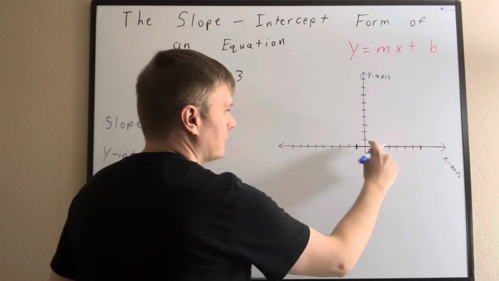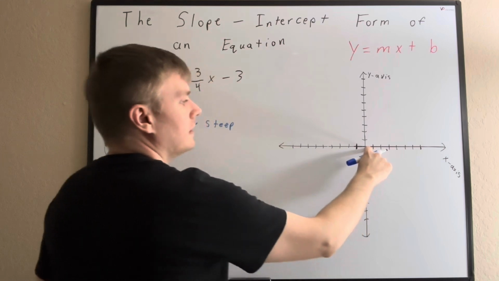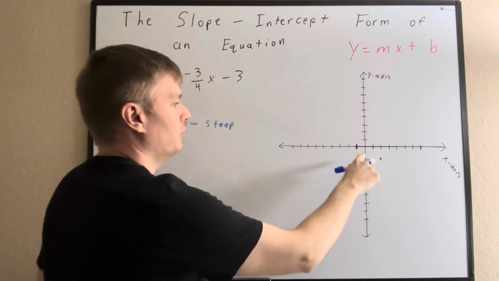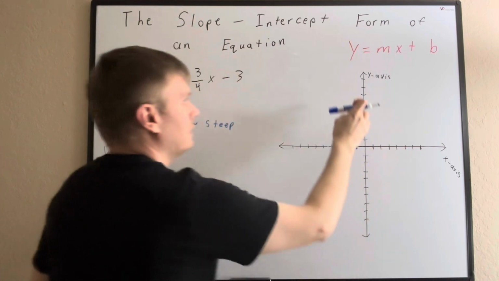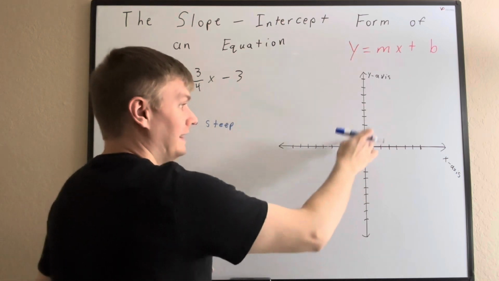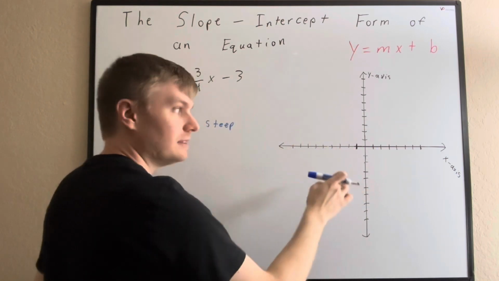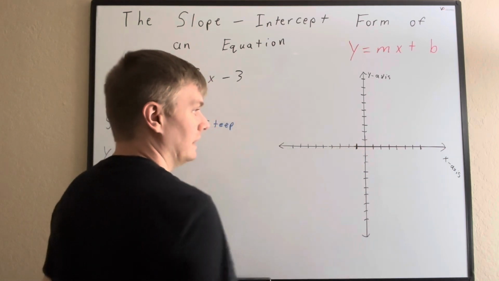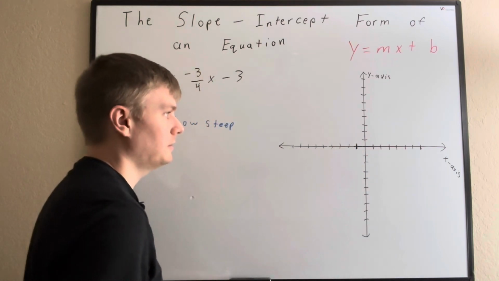And in the middle here, we start at 0, 0. That's our ordered pair, 0, 0. That's the origin point right there, and that is also where the y-axis intercepts the x-axis. So 0, 0 is kind of an intercept on its own.